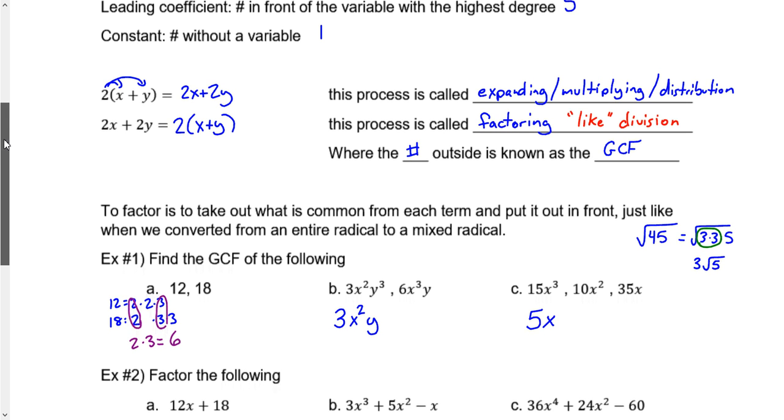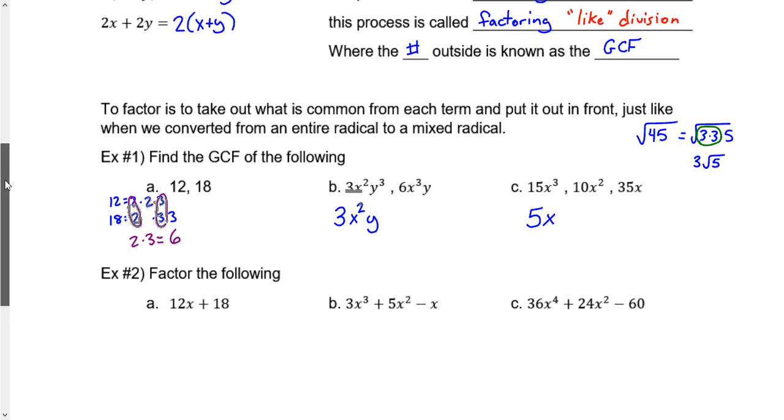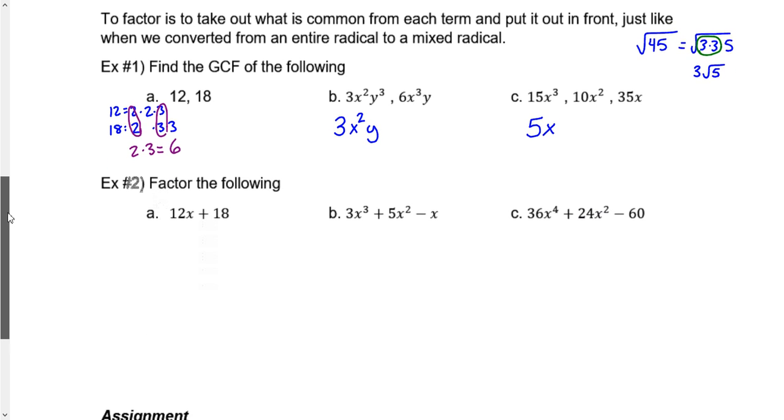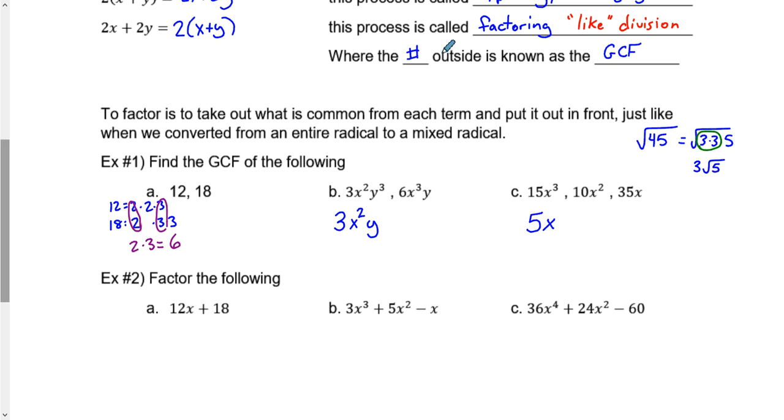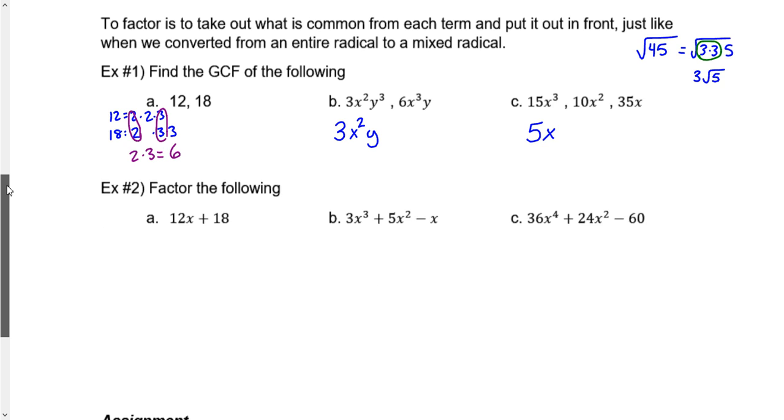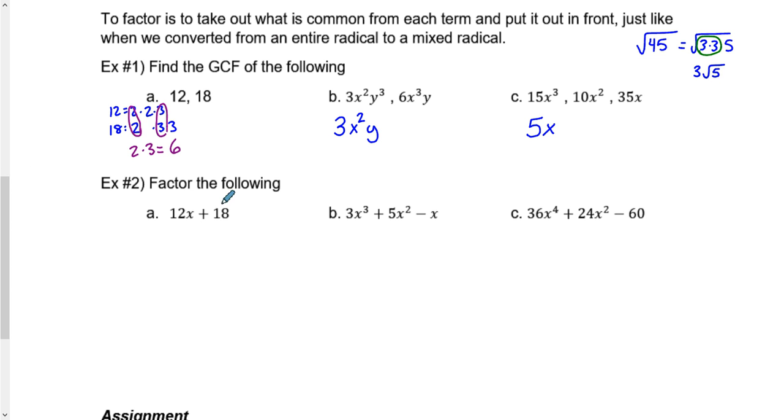So what we're going to do is some greatest common factoring and actually factor. In this first example, we're going to take this greatest common factor and factor it out. So factoring is like division. When we tie back our understanding of what we had done in grade 9, our greatest common factor between a 12x and an 18 is 6.